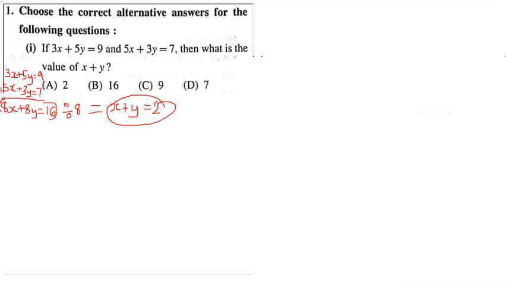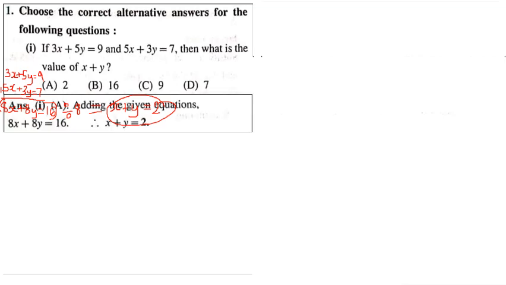So dividing the entire equation by 8, we get x plus y is equal to 2. So here the right option has to be option A, that is 2. So answer A: adding the given equations, 8x plus 8y is equal to 16, x plus y is equal to 2.